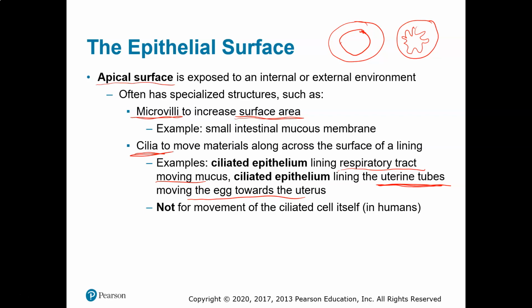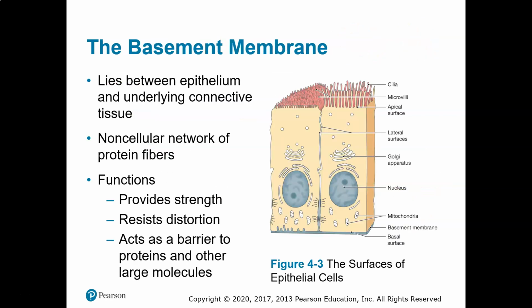And it's important to note that in humans, cilia is not for movement. If you ever took biology, there are some microorganisms that use cilia to help them move. But in humans, cilia is used to move material across the surface of the cell.